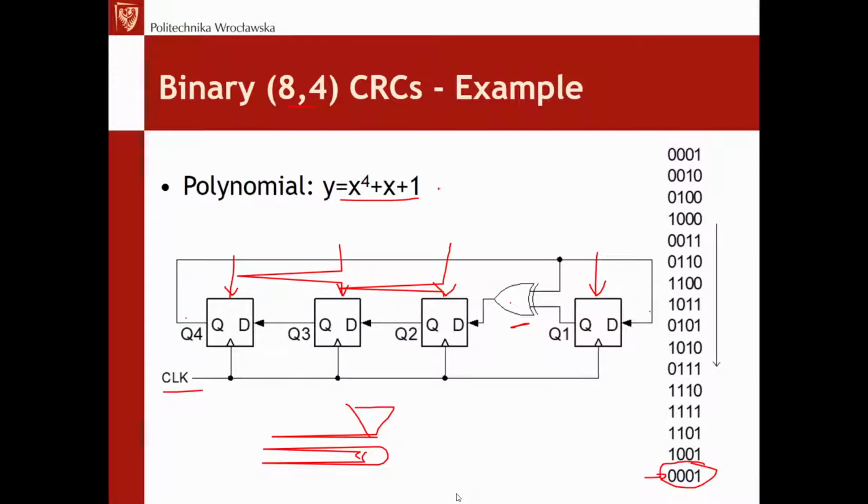Therefore, because this technique is very popular, in today's microcontrollers we can often find hardware accelerators of CRC calculation, which means these logic structures are already implemented in hardware. Therefore, we don't need to laboriously write C code.